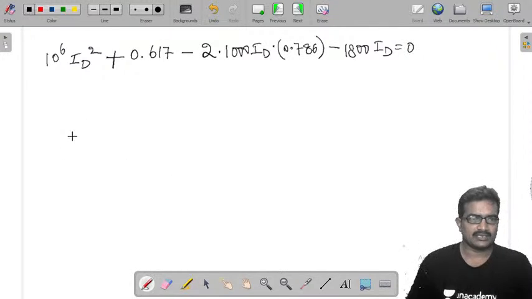Now, in this problem, I want to simplify this.